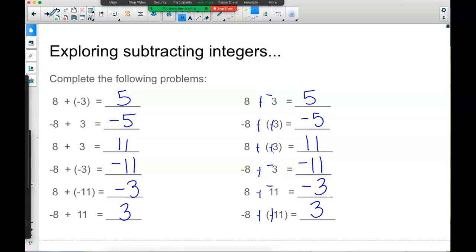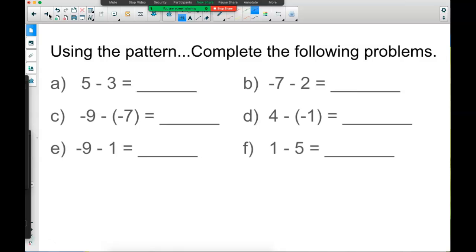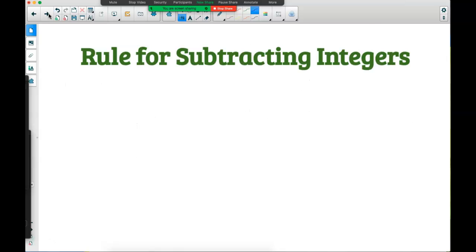Okay, so here's our rule. Rule for subtracting integers. Write this down. Okay? The rule for subtracting integers is to add the opposite.